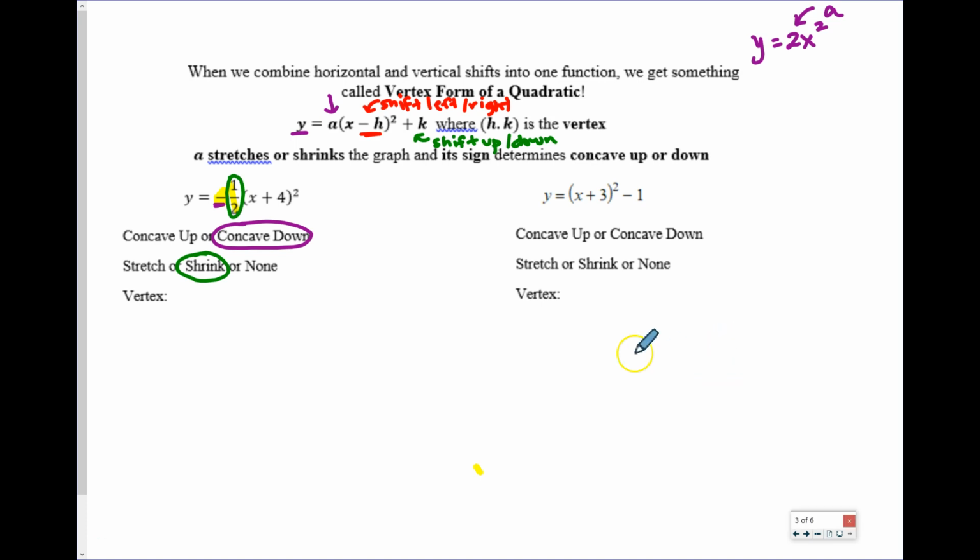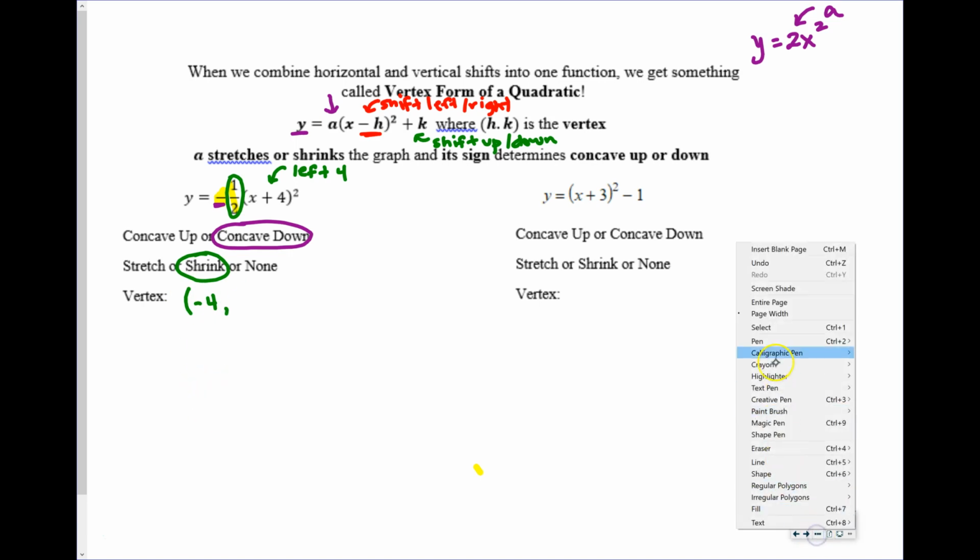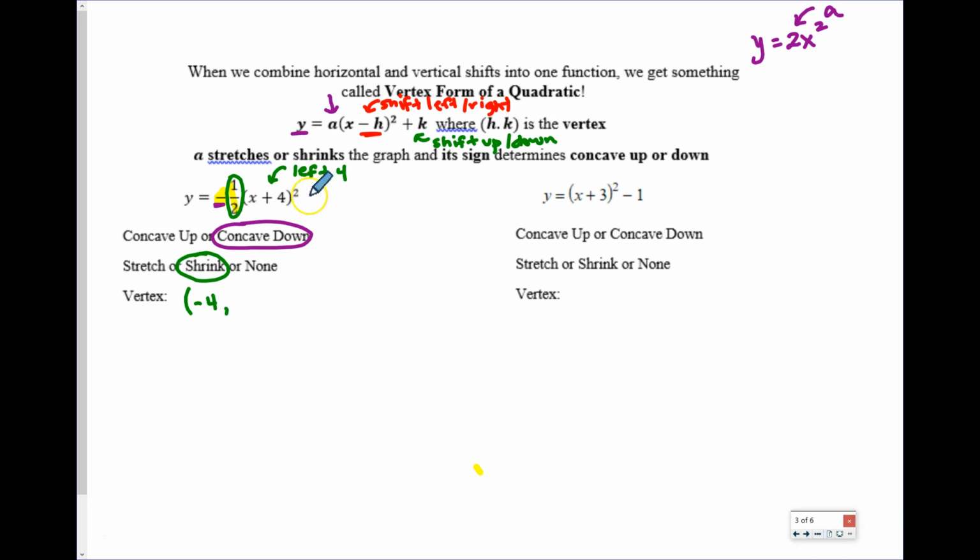Now to define the vertex, remember, this is going to be a shift left 4. So that's my x value. So my vertex is going to be negative 4. Change the sign in the parentheses. And notice that I've got nothing over here. So that's like saying an invisible plus 0. So that's negative 4, 0. So when you want to pull your vertex out of it, this is your x value here, and this is your y value here. And that's kind of what this is saying right here. It's h comma k is your vertex.